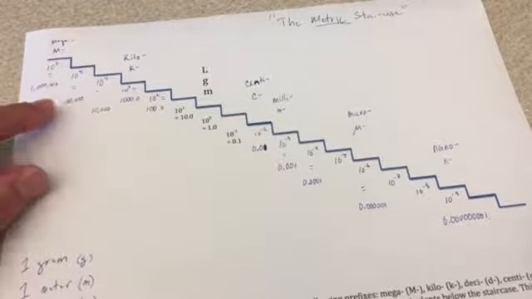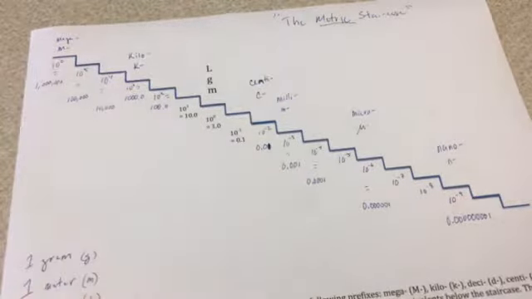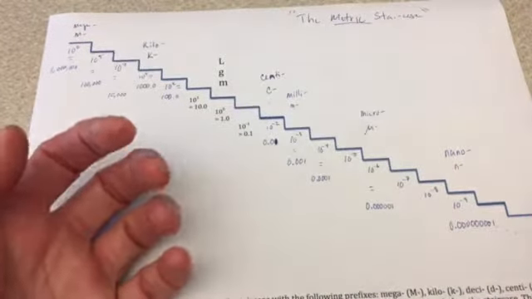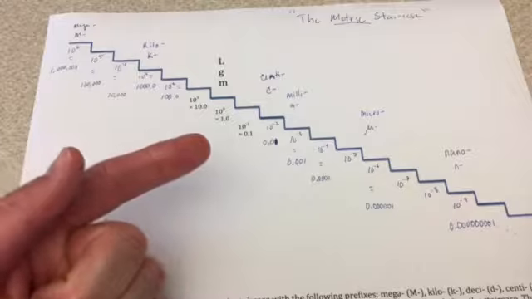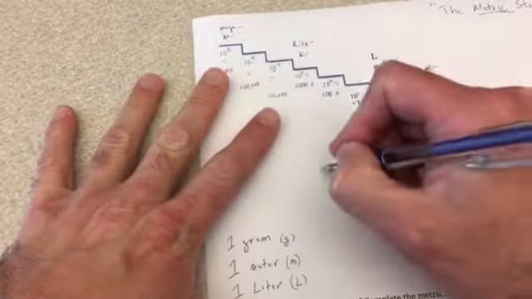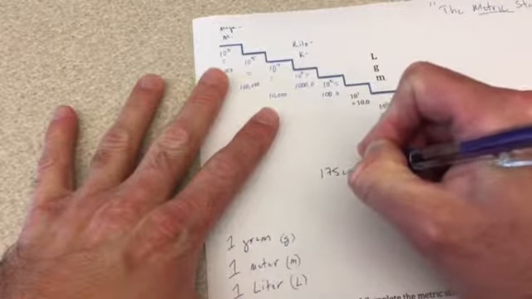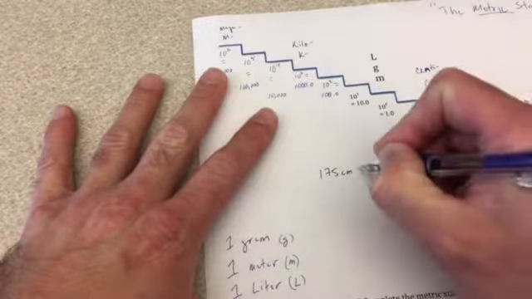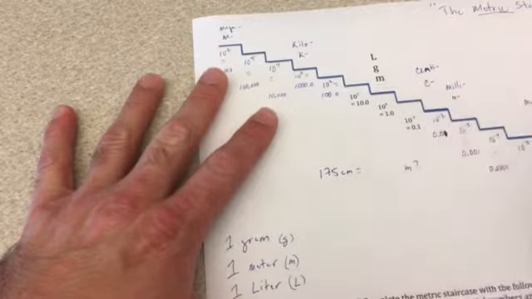All right? So let's see, the first activity in the lab exercise asks us to measure our height in centimeters. So I'll tell you my height right now. I am 175 centimeters tall, right? Now, how tall am I in meters?